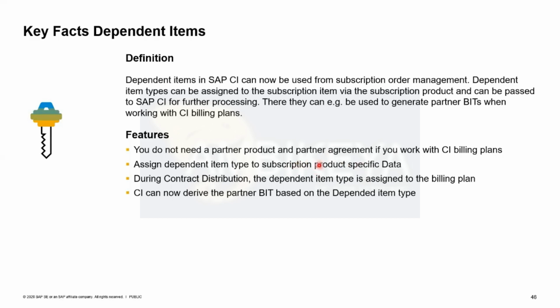This is not a partner product, just the customer subscription product, to which we can now assign a dependent item type. During contract distribution, this dependent item type gets assigned to a bill plan. And when customer bits are requested, partner bits get automatically created in the system.